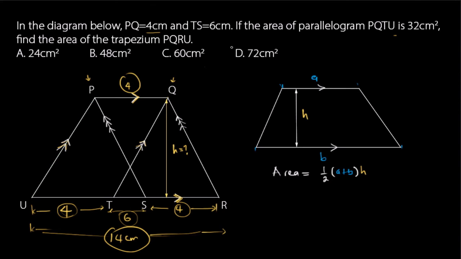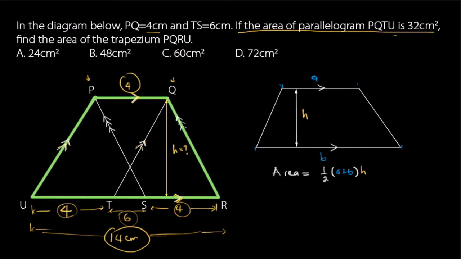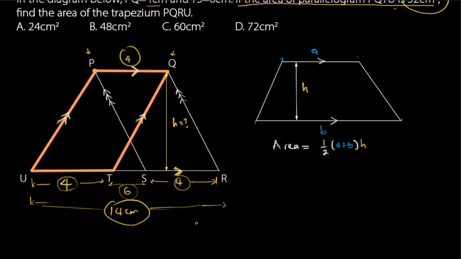Let's go back to the problem. It says the area of the parallelogram PQTU is 32 cm square. So the area of this parallelogram here is 32 cm square. We're going to use this information to find the height.